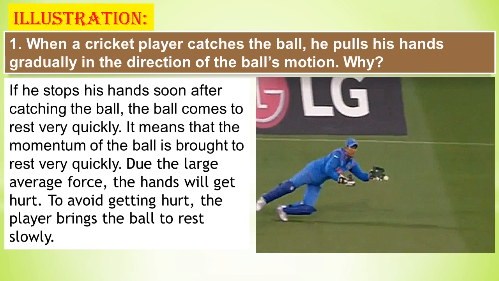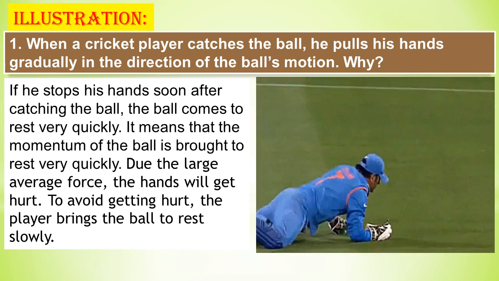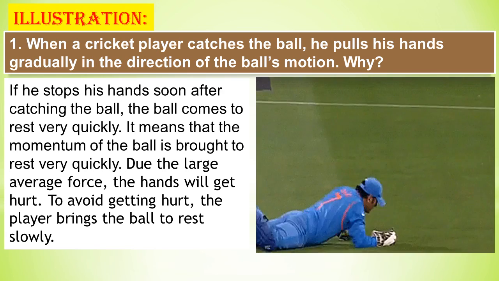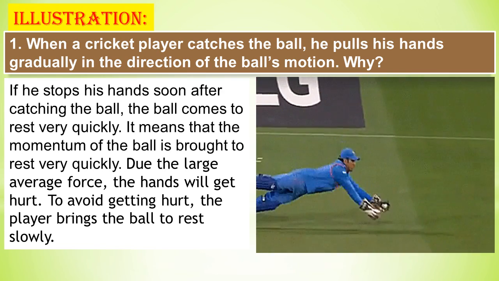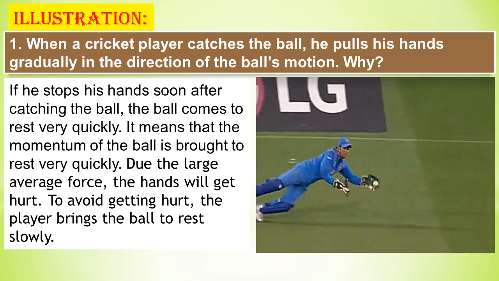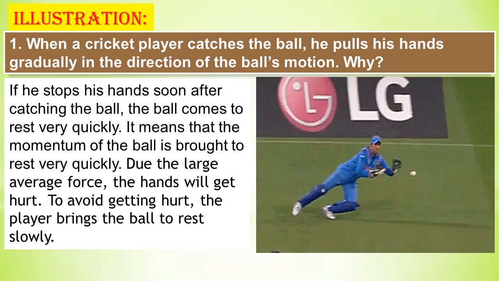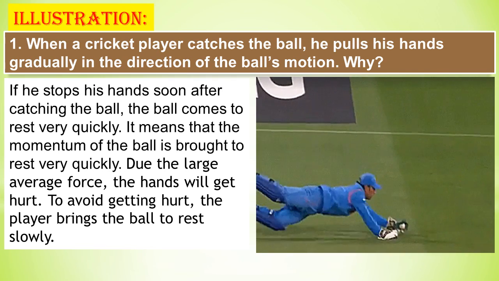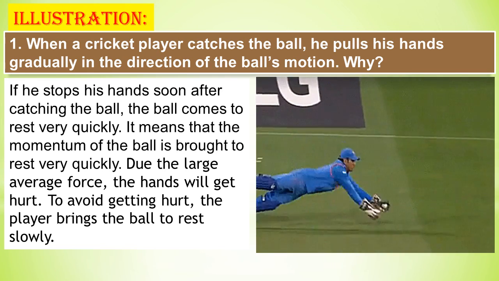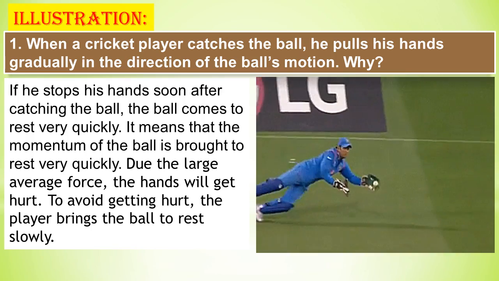If he stops his hand soon after catching, the ball comes to rest very quickly. It means that the momentum of the ball is brought to rest very quickly, so the average force acting on the body will be very large. Due to this large average force, the hands will get hurt. To avoid getting hurt, the player brings the ball to rest slowly.